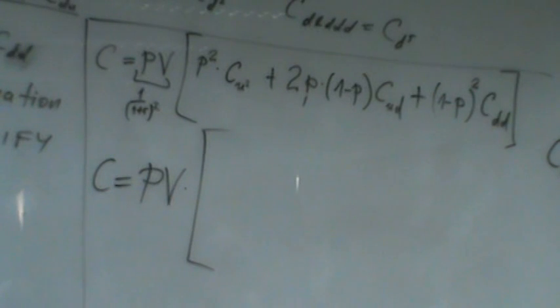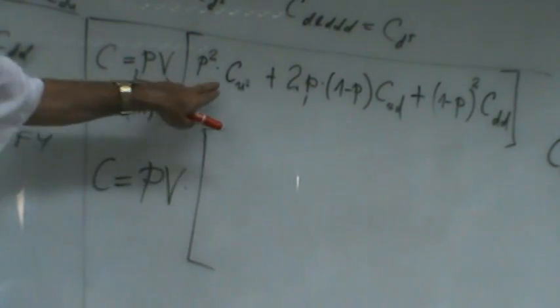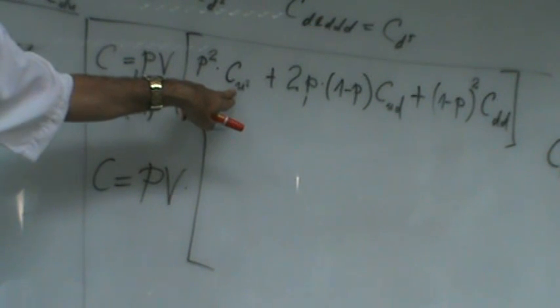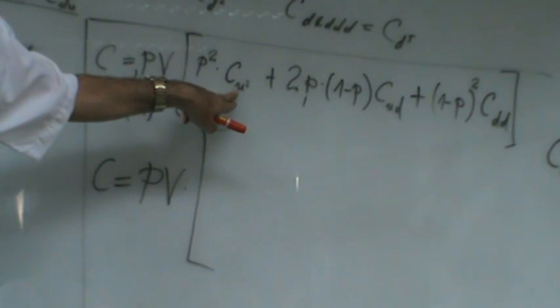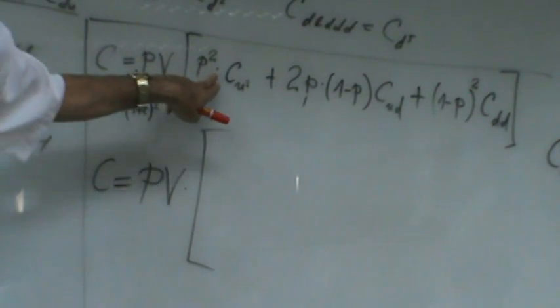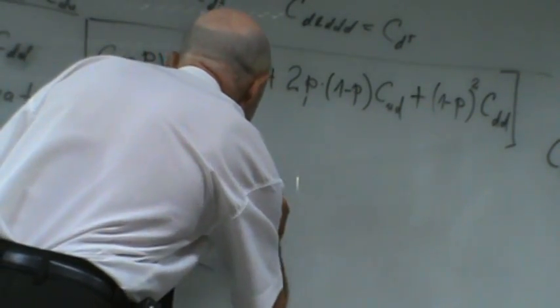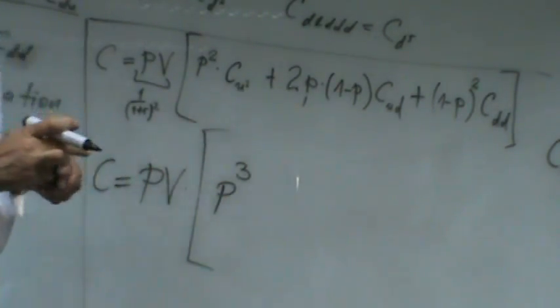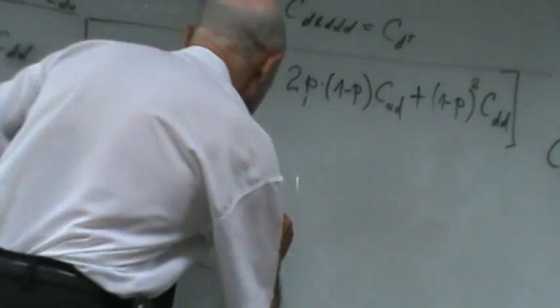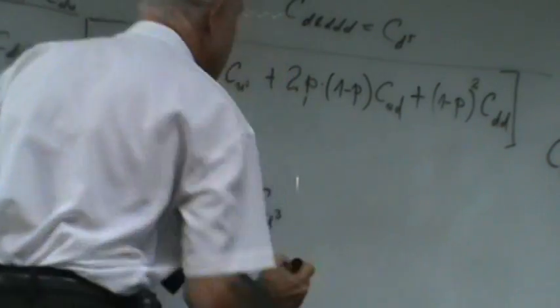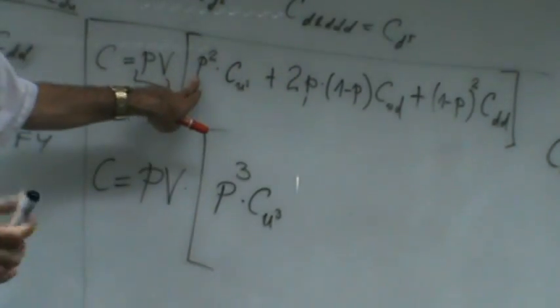And now we need some stuff here. First of all, what's the probability of going up 3 times? P, so it becomes P to the power of 3 times C_uuu. That's on the one end.